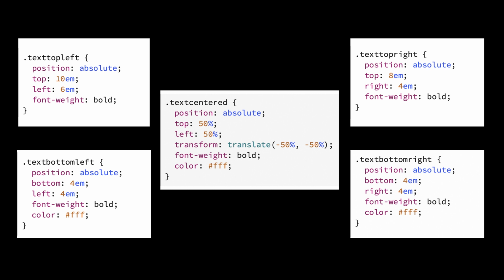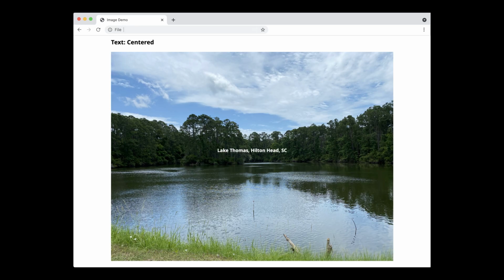So in order to truly center it, we use the transform property to translate its position further 50% of the object's width and height. Note, this is centering the text over the section div.